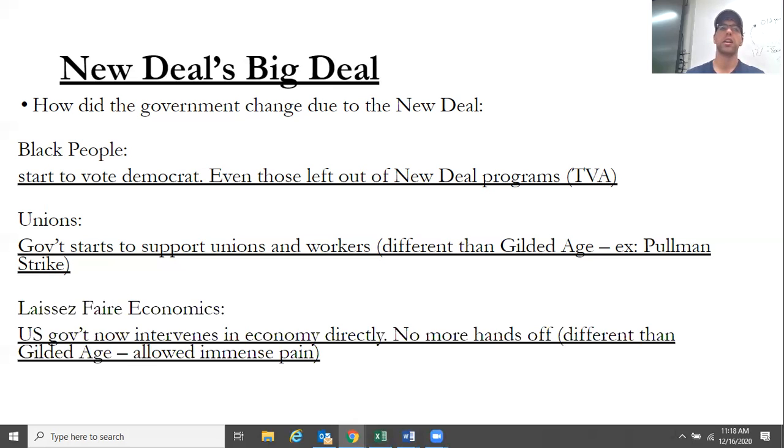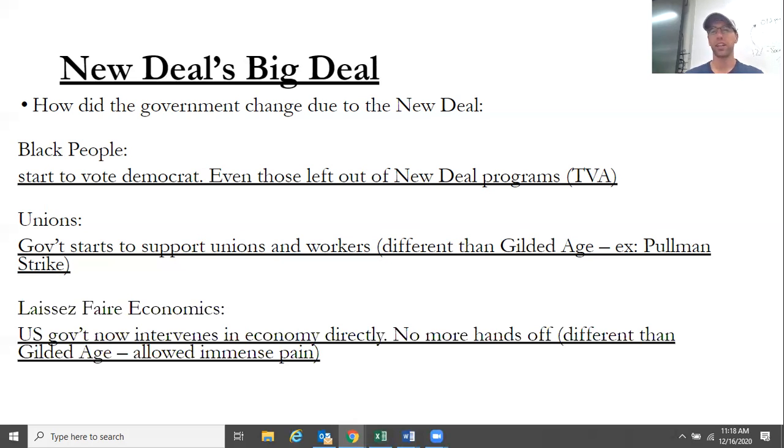Pre-New Deal, pre-progressive era, during the Gilded Age, laissez-faire economics was the big common thing. And laissez-faire economics was hands-off. No matter what's hurting, no matter how bad it is, the government shouldn't intervene in the economy. It's kind of like if you saw an animal wounded in the woods. Doesn't matter how loud it's yelling, you need to just let that animal be and let it die.